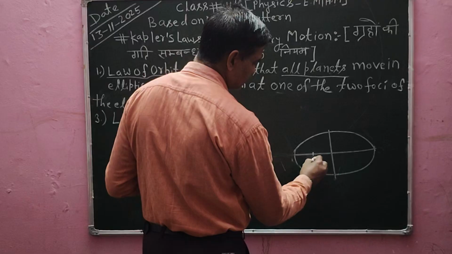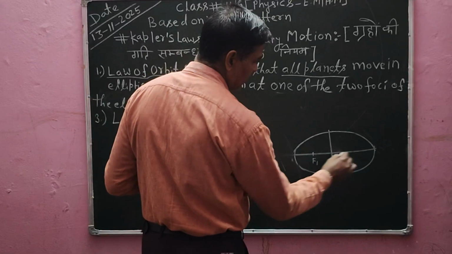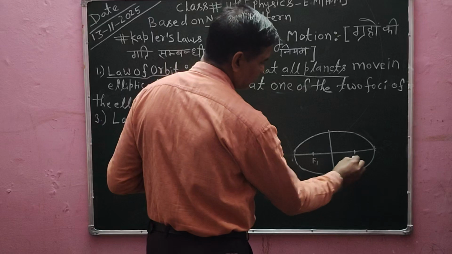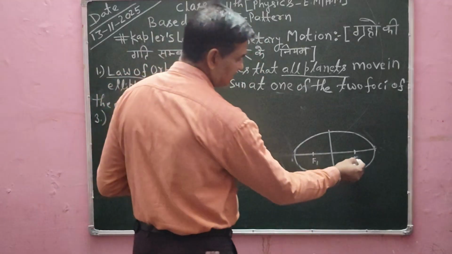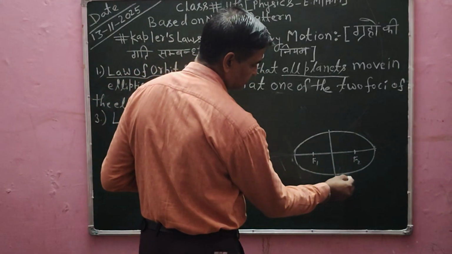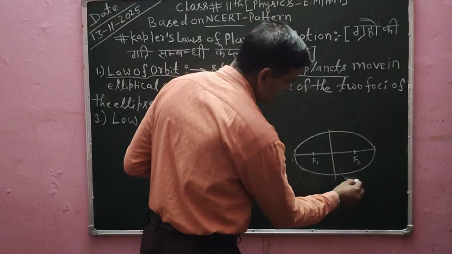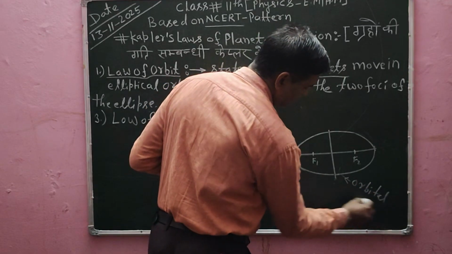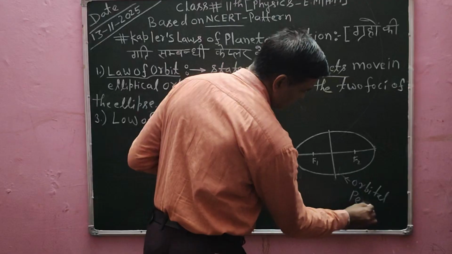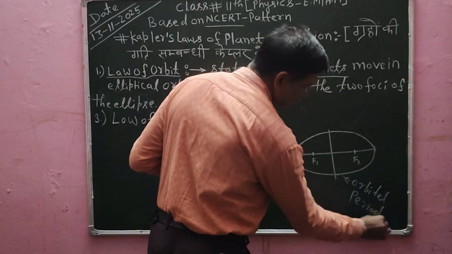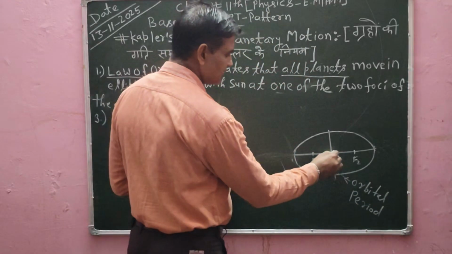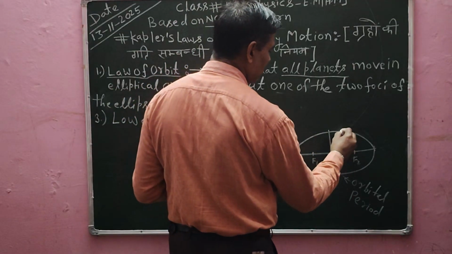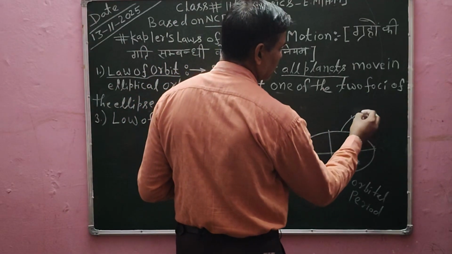This is Focus number 1 and this is Focus number 2. This is the orbital period. Now this is the center of the ellipse.